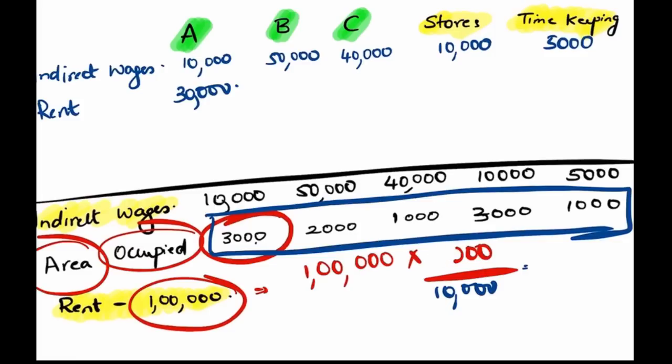Now if I have to do it for B, what's the area of B? It is 2,000. So it will be 2,000 divided by 10,000 multiplied by 1 lakh.